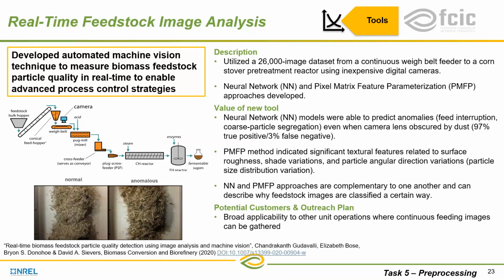Those anomalous images could then be used. You could feed that right into a control strategy, so to warn the operators and to warn the equipment that biomass with undesirable properties is coming down the pike.